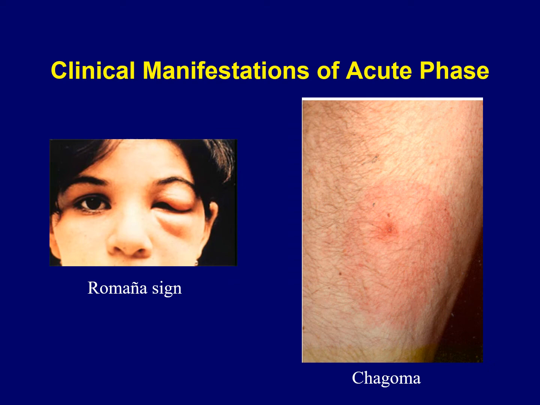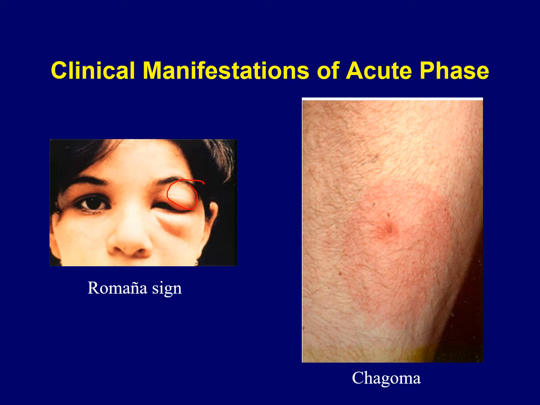These are some clinical manifestations of the acute phase of Chagas disease, and these are really related to the bite from the triatomine bug. So there's a Romaña sign. This child has been bitten in the eyelid, and you can see the swelling here.